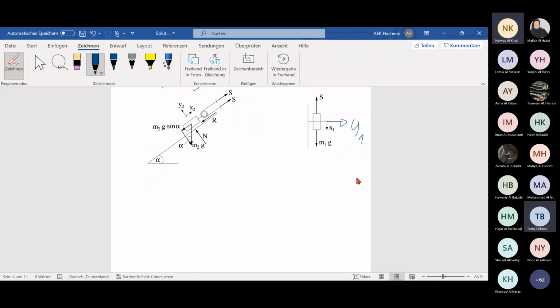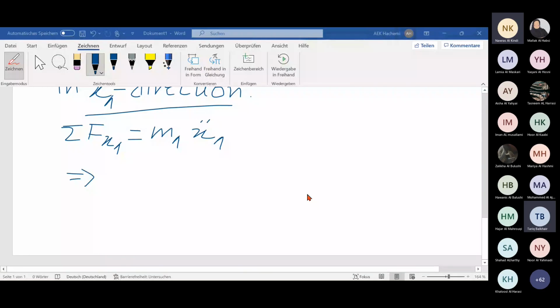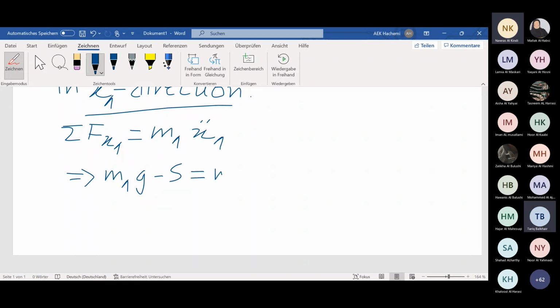Now if we look at the expression of the equation, we will get that M1 multiplied by G minus S is equal to M1 X dot dot 1.